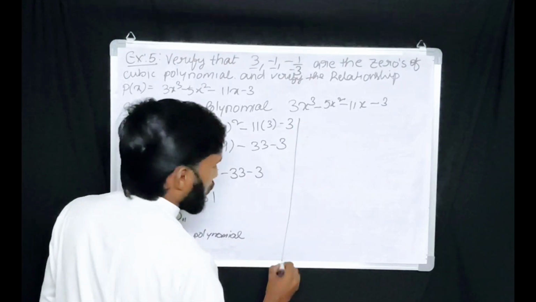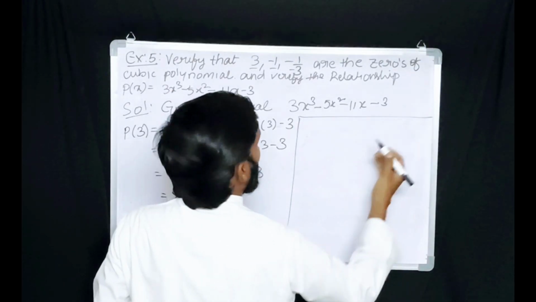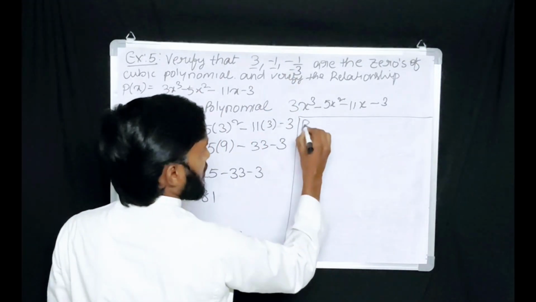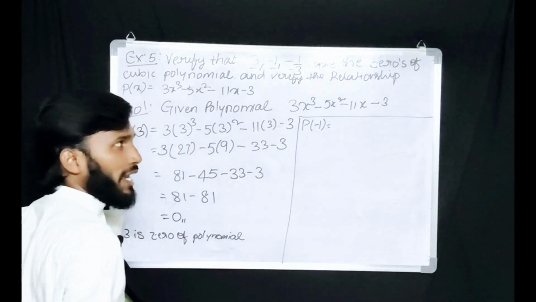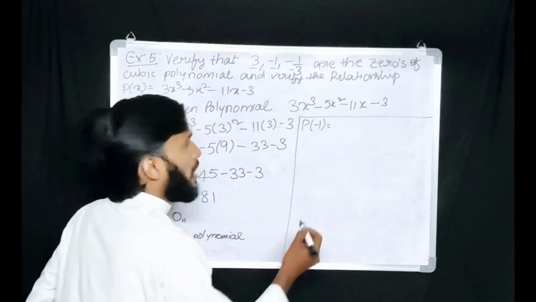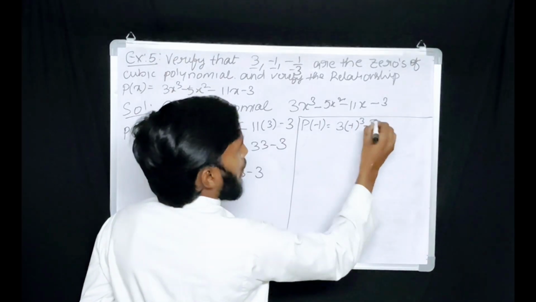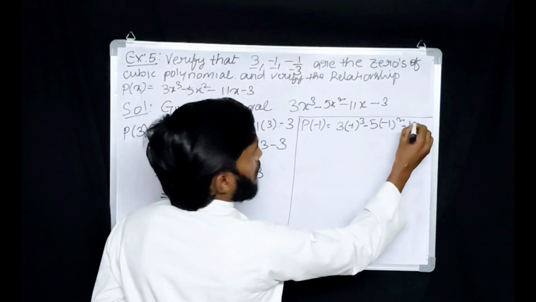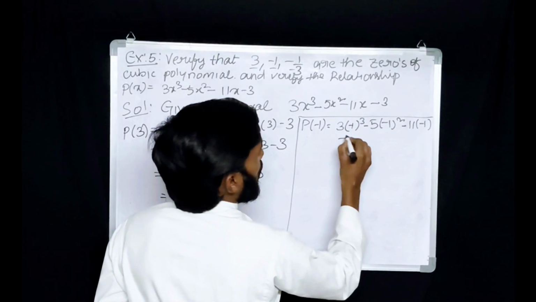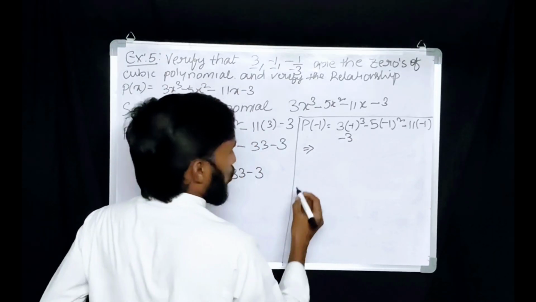So what is the next one? The next one given here is minus 1. So substitute minus 1 in x. Write 3 into minus 1 whole cube, minus 5 into minus 1 square, minus 11 into minus 1, minus 3.